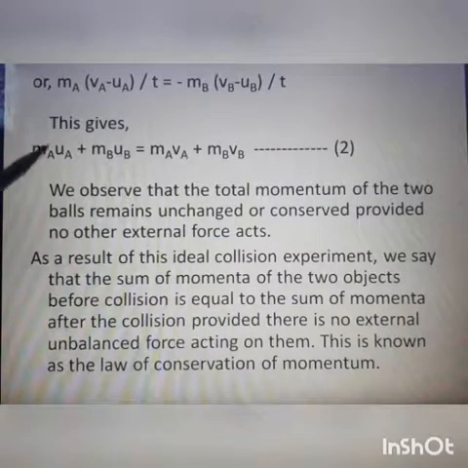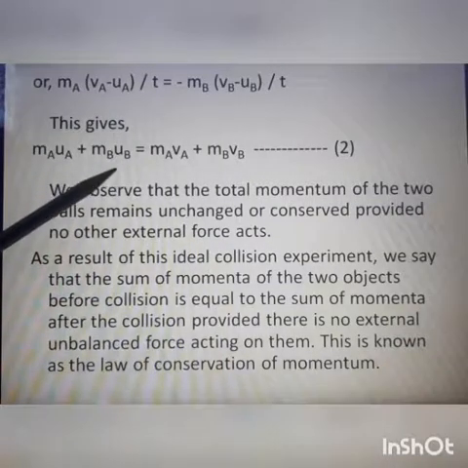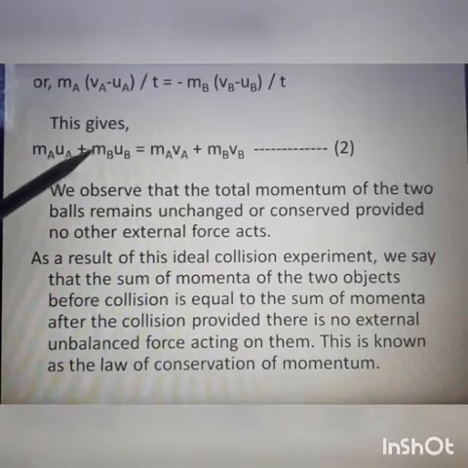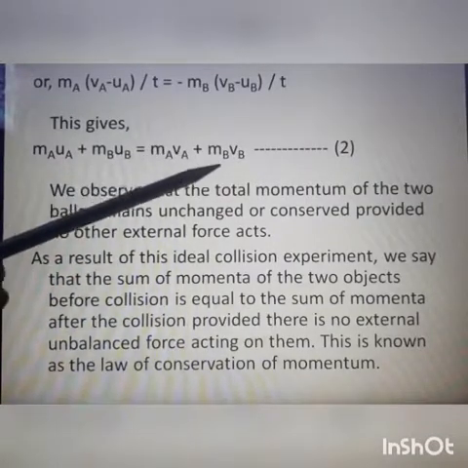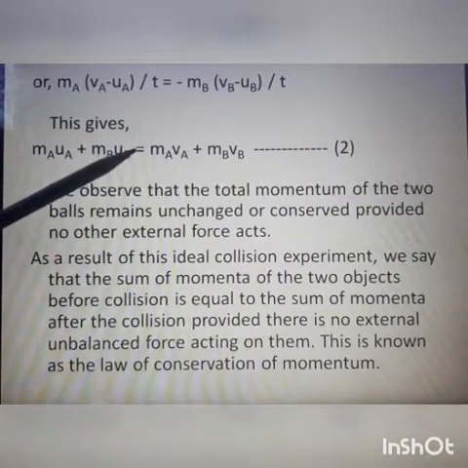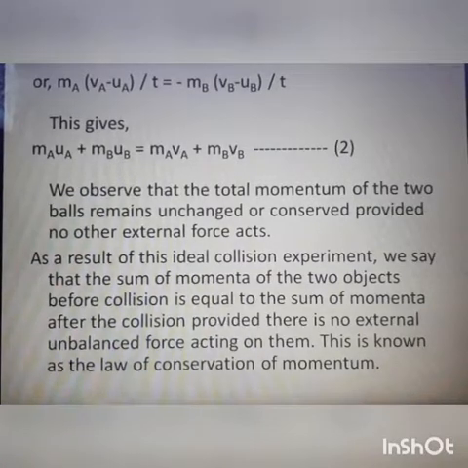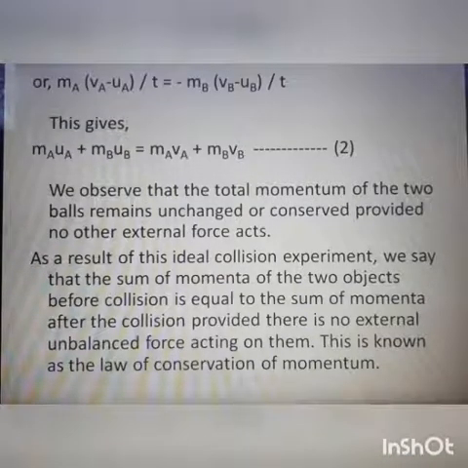From this, we can see the total momentum of the two bodies before collision is equal to the total momentum of the two bodies after collision. So, we can say that the momentum of a system of bodies is conserved, means that it will remain equal before and after collision.